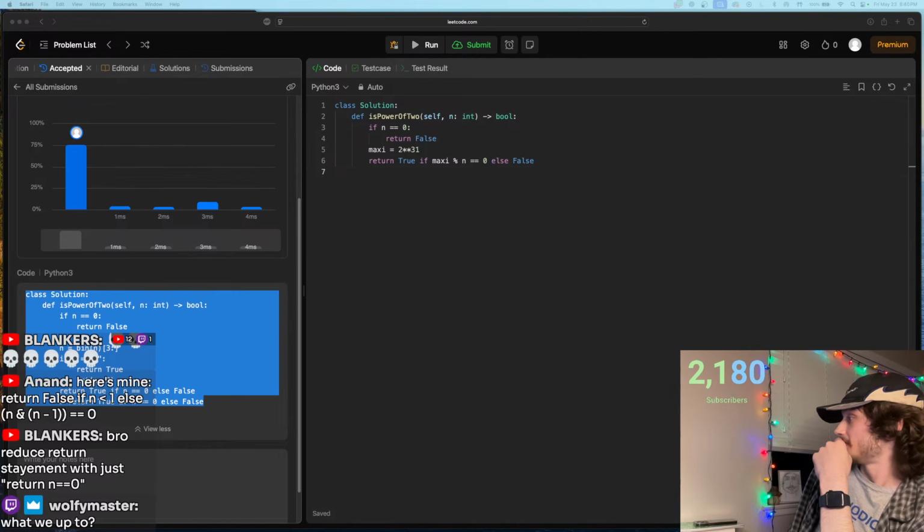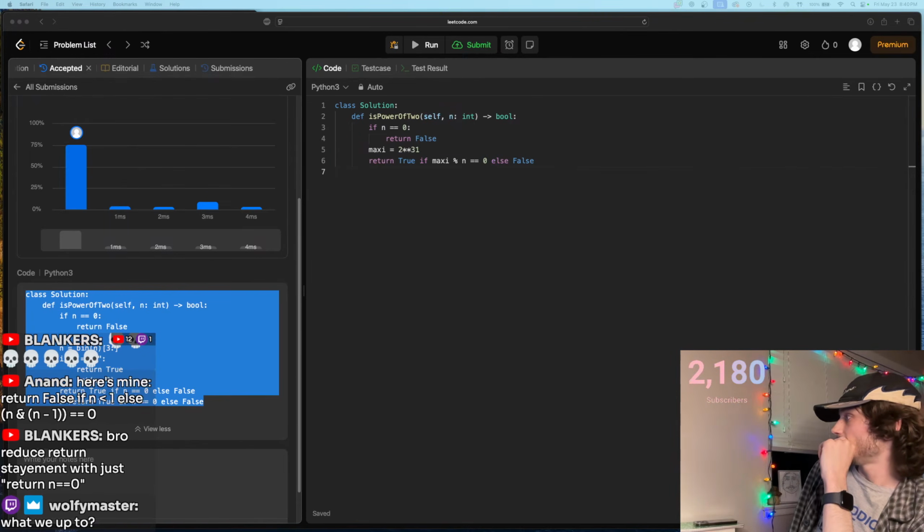Oh, interesting. So it says you can clean it up by doing this. So you can do it like Anand said, using bitwise and.